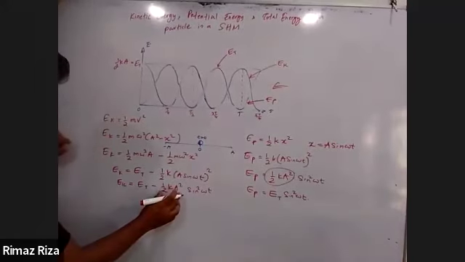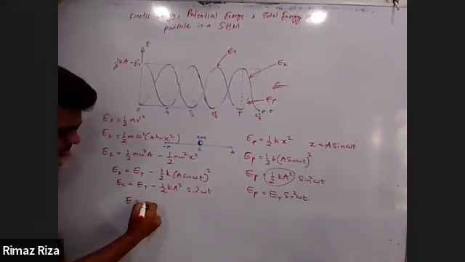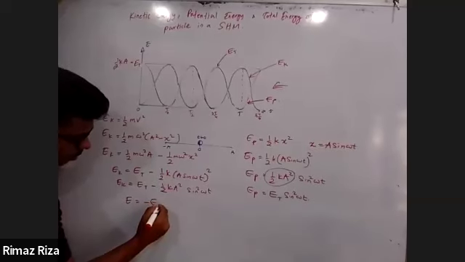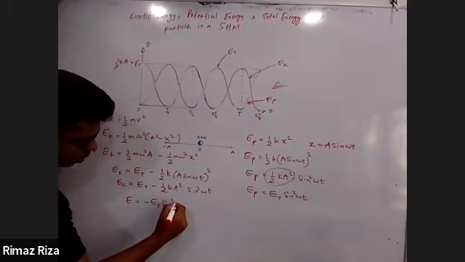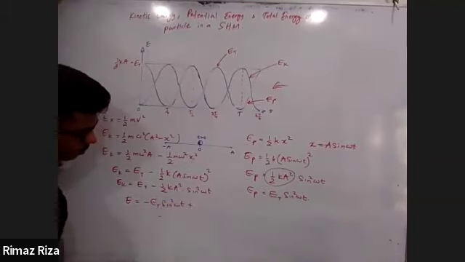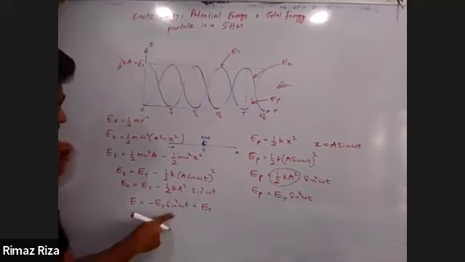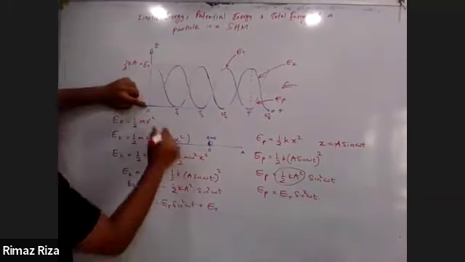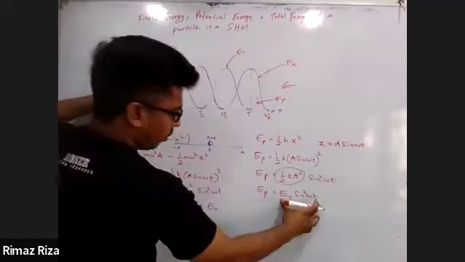So then half k a squared is again total energy. So you have E total minus E total sine squared omega t.